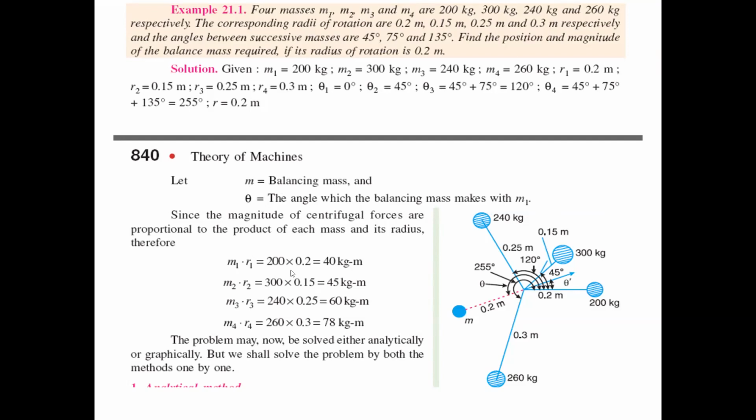First we find the product MR: m1 r1, m2 r2, m3 r3, and m4 r4. Those values come to 40 kg meter, 45 kg meter, 60 kg meter, and 78 kg meters. First we calculate the product MR: M1 R1, M2 R2, M3 R3, M4 R4.